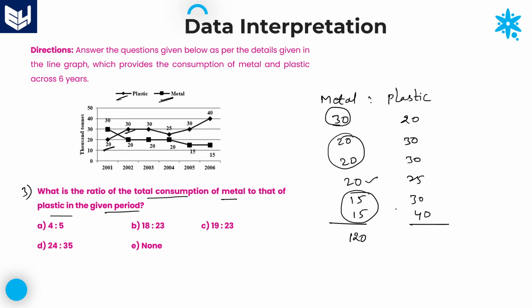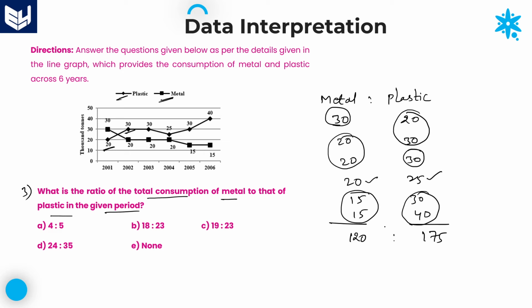The total consumption of metal is 120. Now you can add the plastic values. 40 plus 30, 70. 70 plus 30, 100. 100 plus 50, 150. 150 plus 25, 175.